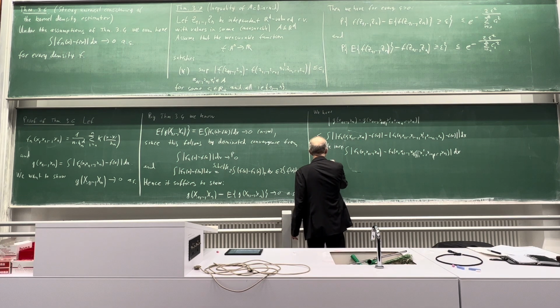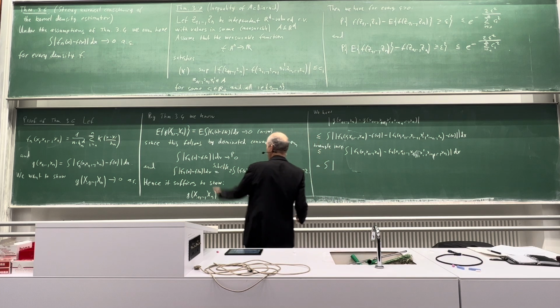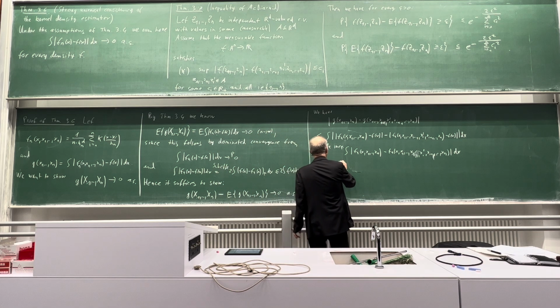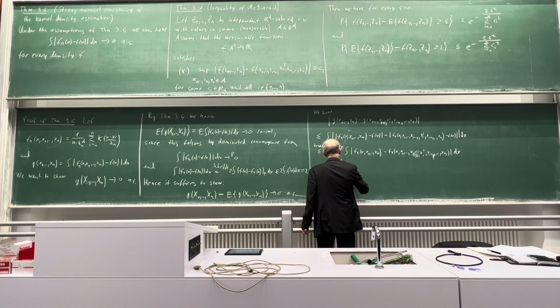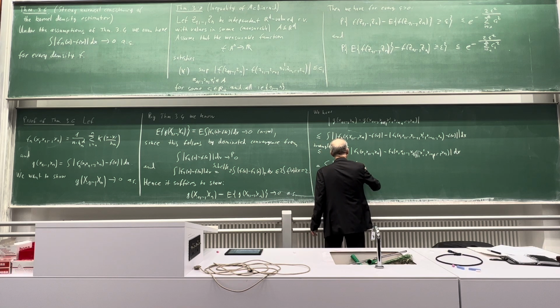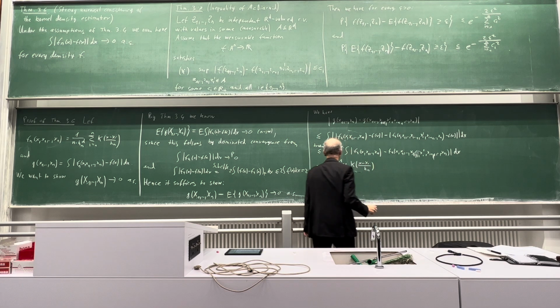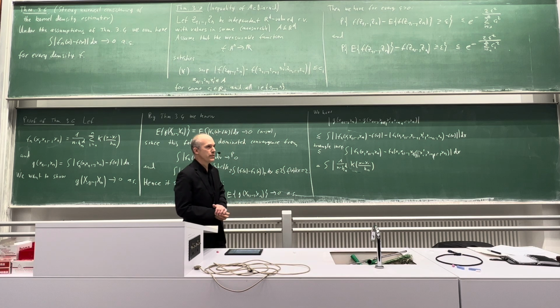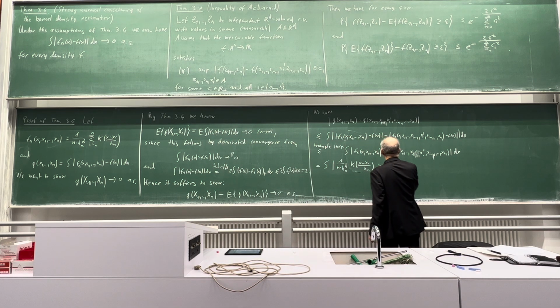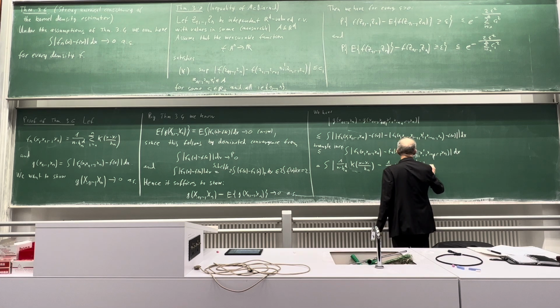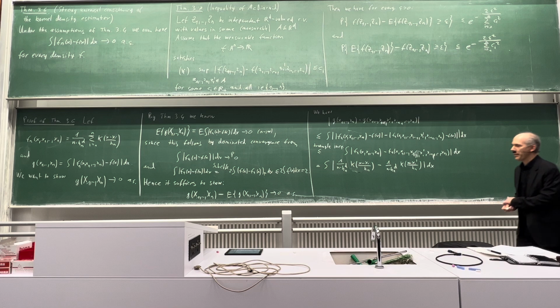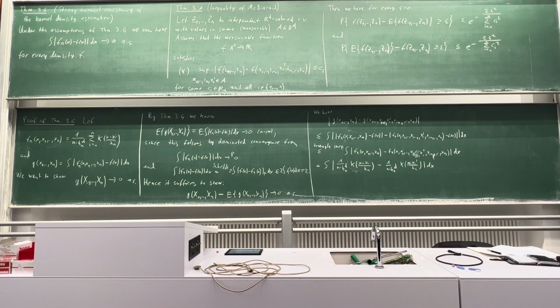You get the i-th term from the first sum, 1 over n times 1 over hn to the d, k of x minus xi divided by hn, and from the second sum with a minus, you get the i-th term with xi prime, dx.